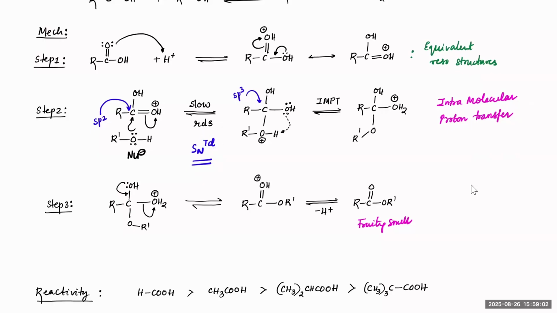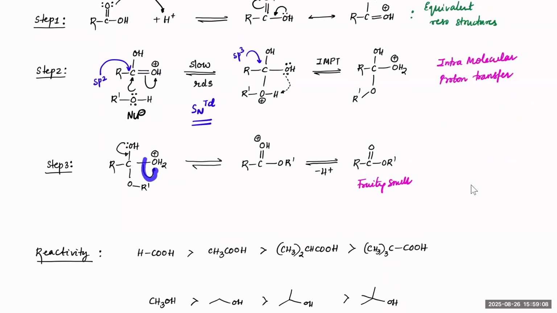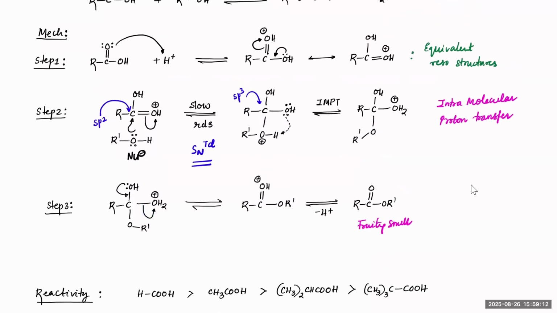Clear? Yes, sir. Right. So the last step is what, dehydration. See, overall steps I'll tell you. First is protonation because you're adding a proton. Second step is nucleophilic addition. Next, third step is intramolecular proton transfer. Fourth step is dehydration.